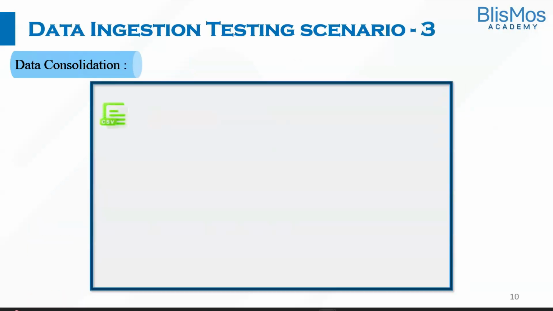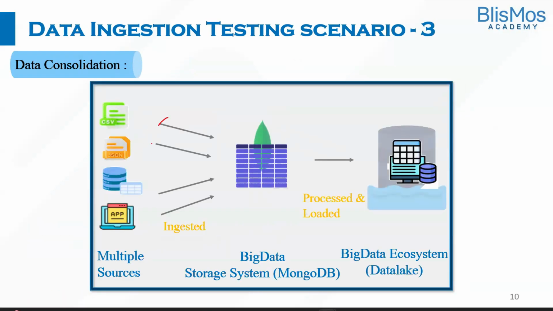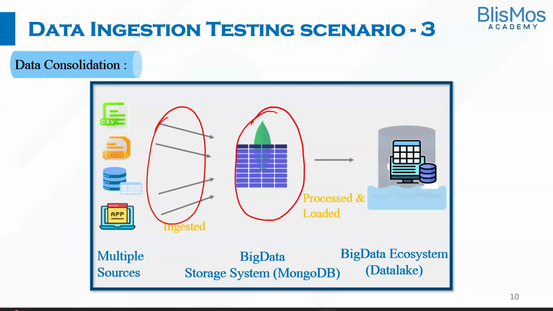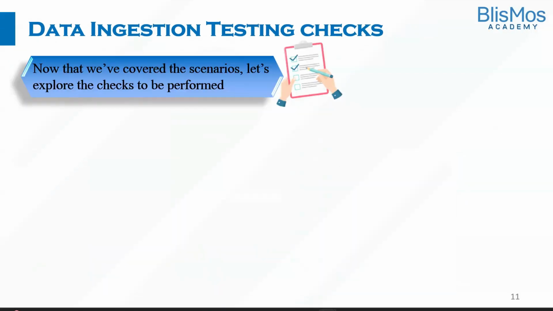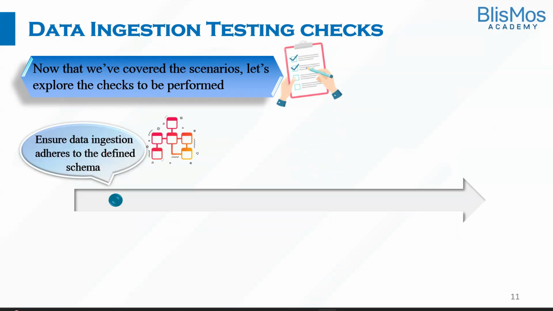In scenario three, we ingest the data and consolidate it at the staging area only. Then we process the data and load that into the data ecosystems. Wonderful. We covered the different scenarios of data ingestion. Then what checks do we need to perform? We have to ensure the data ingestion adheres to the defined schema.